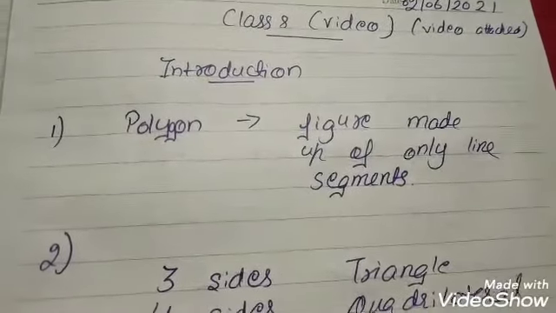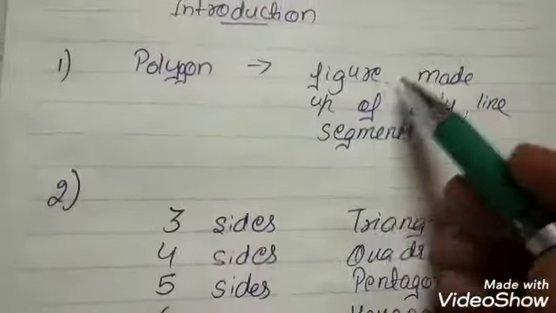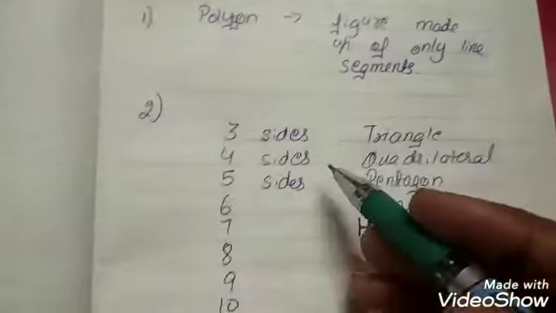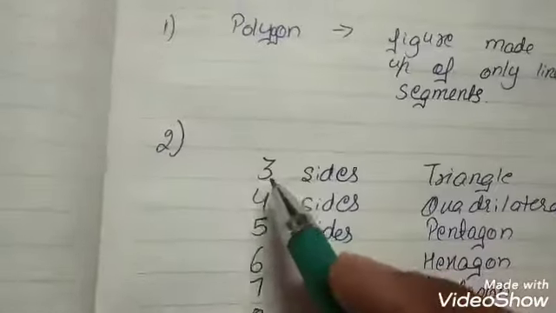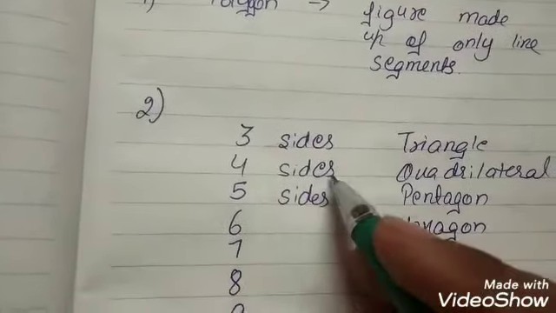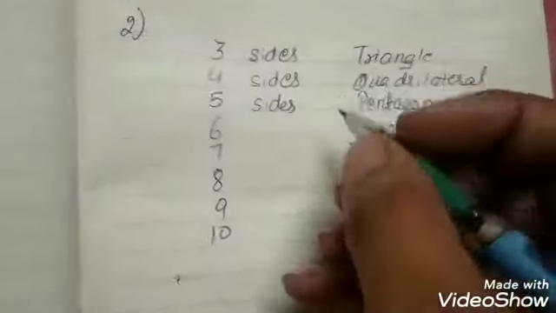See class, I was talking about the polygon. I told you that it is a figure made up of only line segments, right? Polygons are of various sides. 3 sides polygon is called triangle. 4 sides is called quadrilateral. 5 sides is called pentagon.